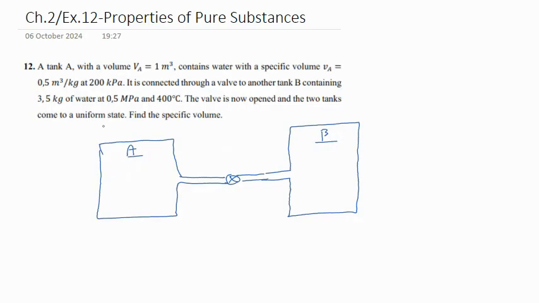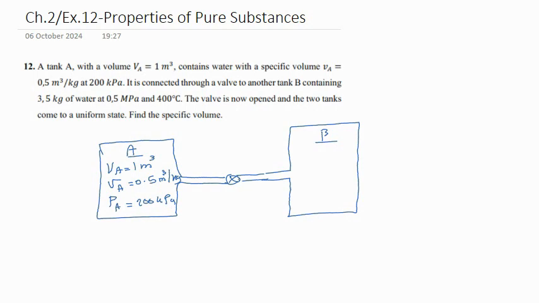And tank B contains 3.5 kilogram of water at that much of pressure and temperature. So tank A, volume 1 meter cube, a specific volume of 0.5 meter cube per kilogram, and pressure of 200 kilopascal.